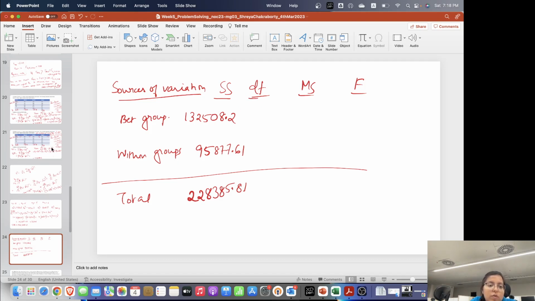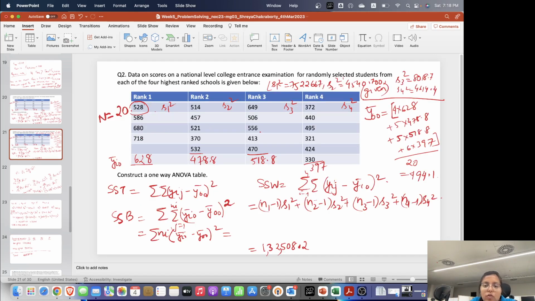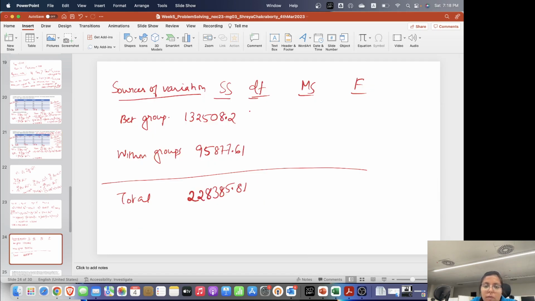Now we'll talk about the degrees of freedom. How many groups were there here? 1, 2, 3, 4. So the degrees of freedom would be 4 minus 1, that is 3. And within group, it should be n minus k.